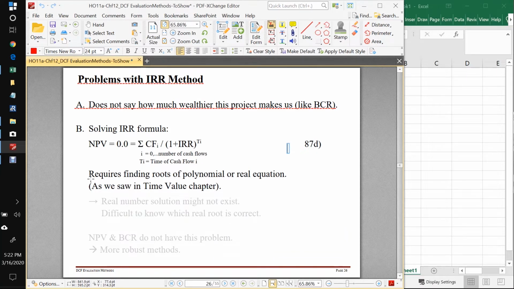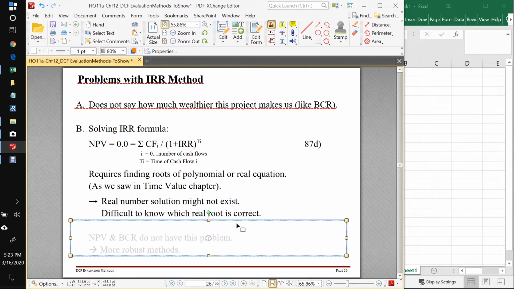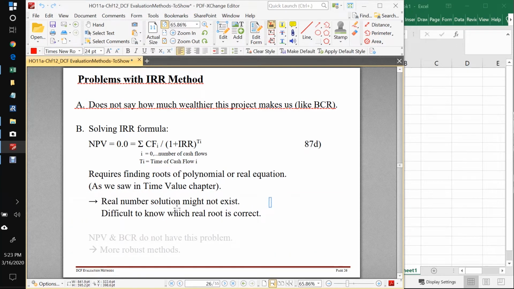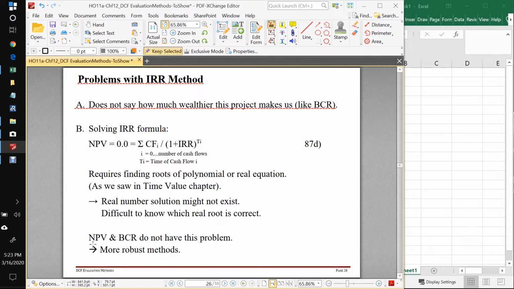And mathematically, this means we have to find the roots of a polynomial or a real equation, which we looked at a little bit in the time value chapter. But the problem here is there might not be a real number solution that exists, and there's going to be more than one root. When we find the roots of a polynomial, there's more than one root, and we don't know which real root is correct. So neither NPV nor BCR have this problem, so they're definitely more robust methods than the IRR method.